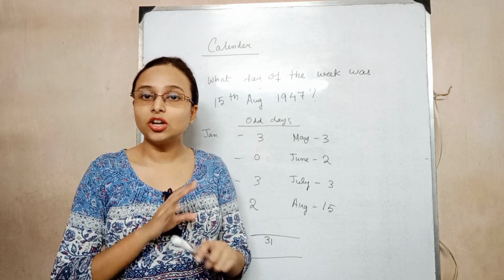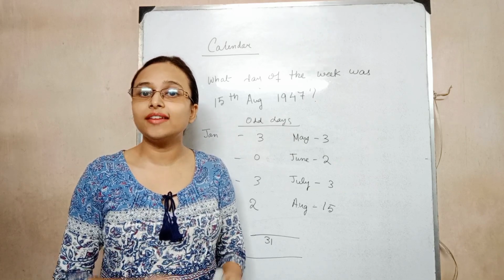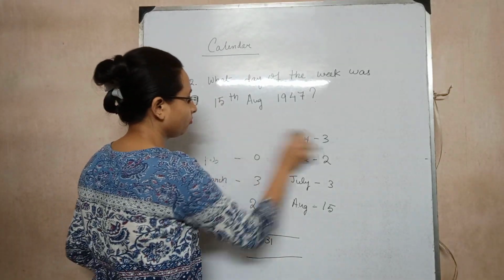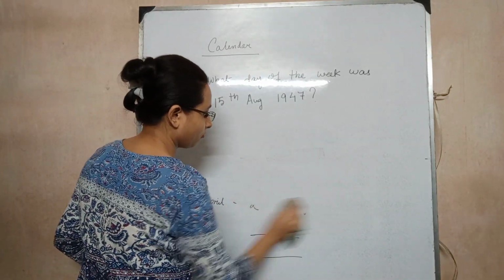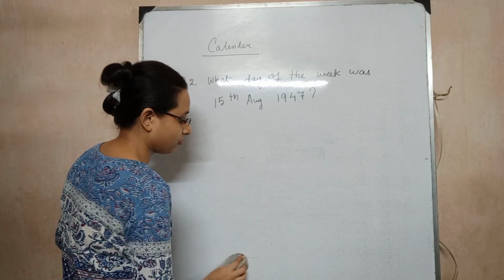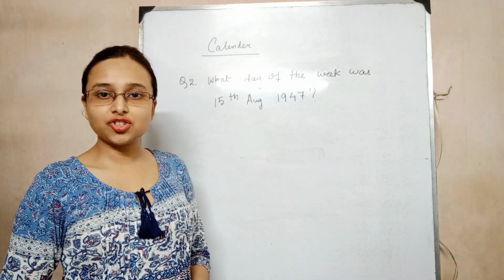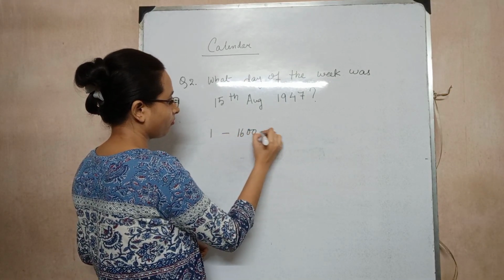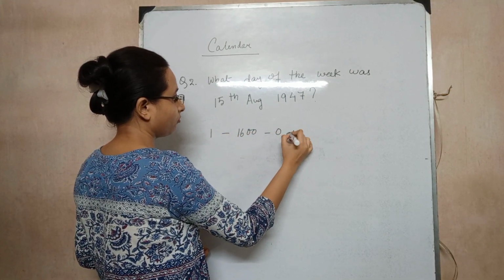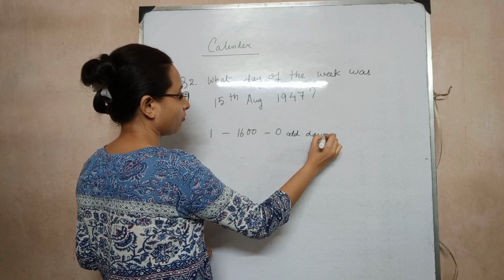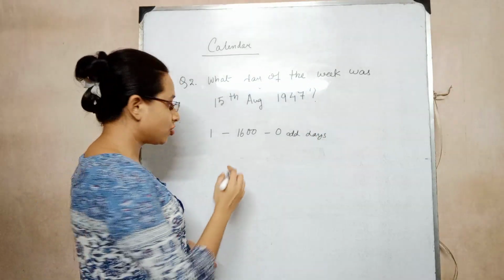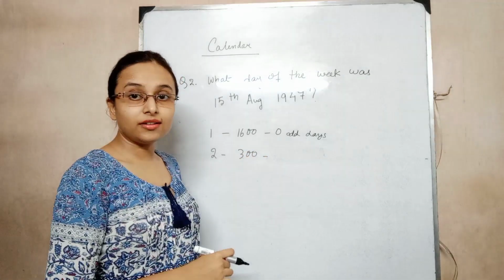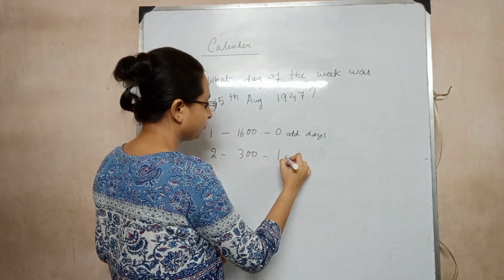Now we will add the total number of odd days in each section. In the first section, we had 0 odd days. In the second section, that is 300 years, we had 1 odd day.